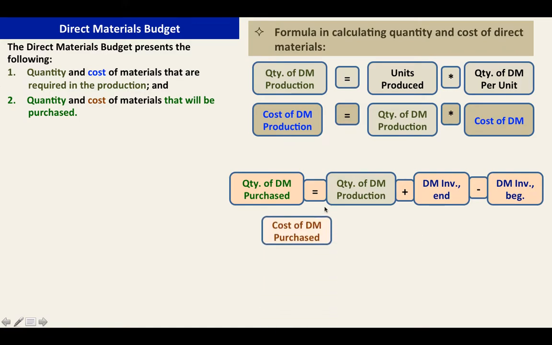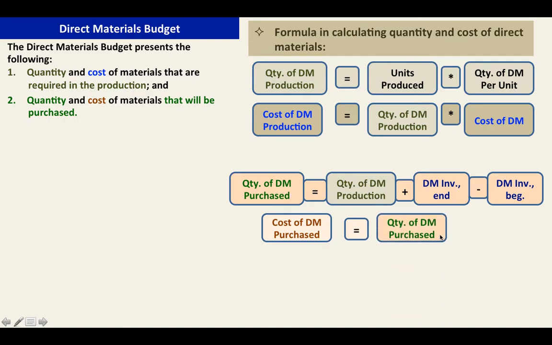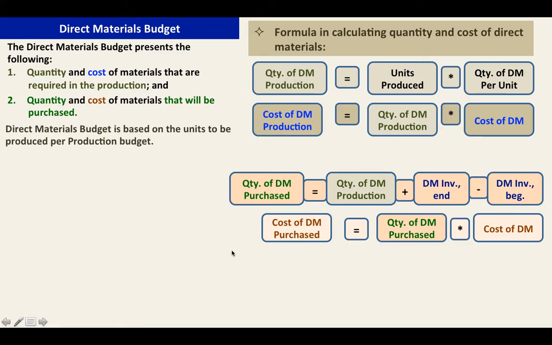And of course, the cost of the direct materials purchase will be equivalent to the quantity of direct materials purchased multiplied by the cost of direct materials. Of course, the cost of direct materials here will be the same as the cost of direct materials for the purchase.